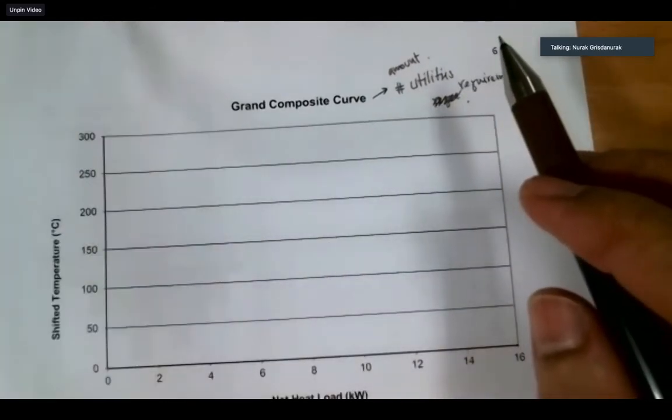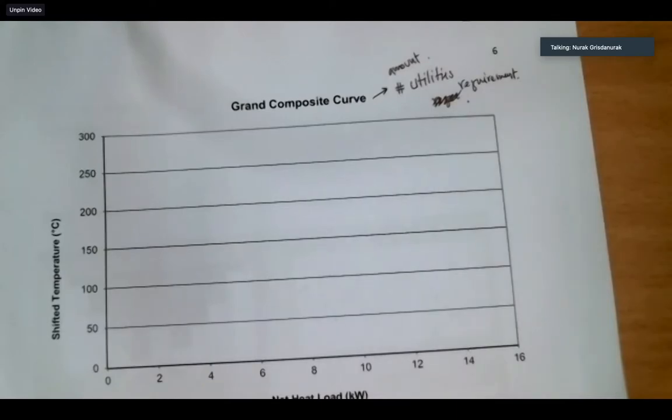Alright, so how can I plot? I start to plot using this cascade.